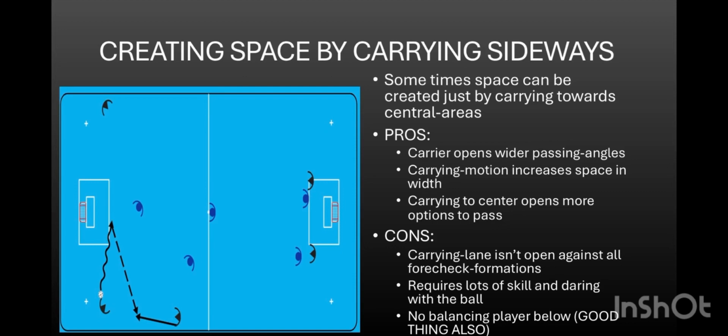It requires lots of skill and daring with the ball, and there is no balancing player below the player that drives to the center. That might be a bad thing in some cases, but it is also a good thing, because there are no players backing up, so they are positioned somewhere higher up the pitch. So once you get those passes over, the players are positioned above you, and that is a good thing.